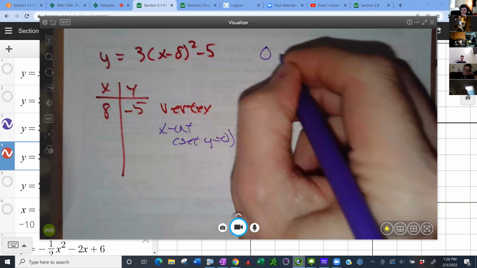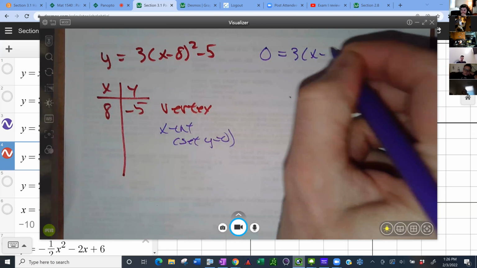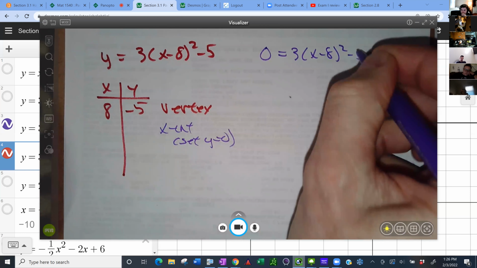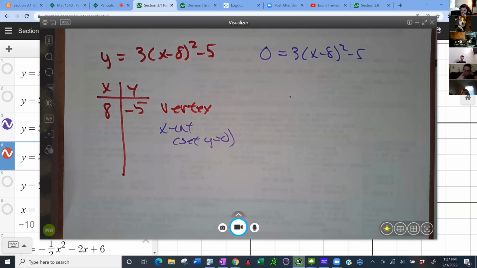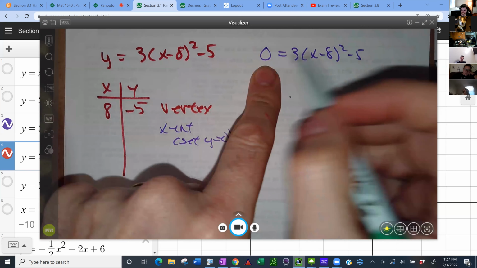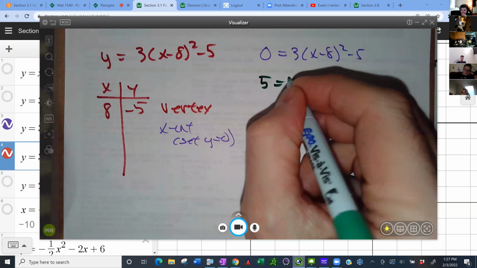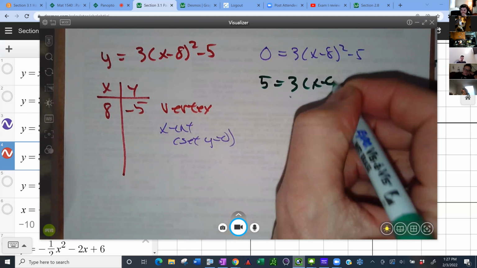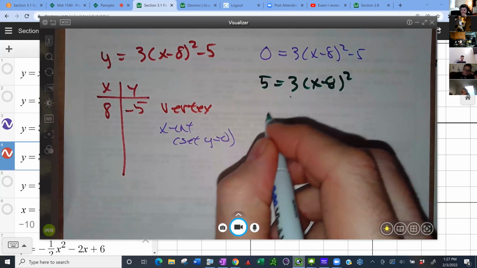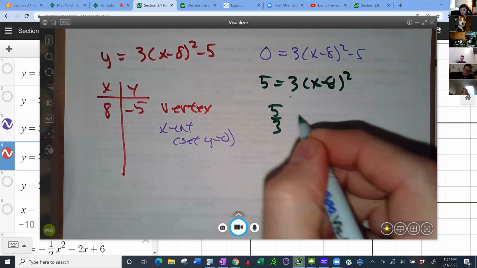So it's going to be 0 equals 3 times x minus 8 squared minus 5. Move that to the other side. 5 equals 3 times x minus 8 squared. Divide both sides by 3.